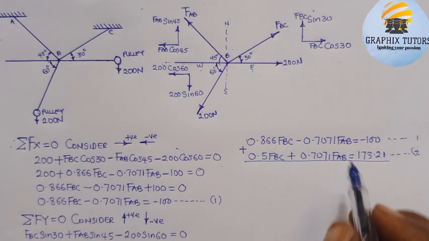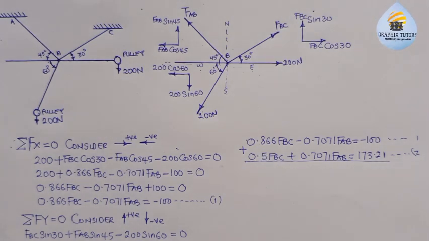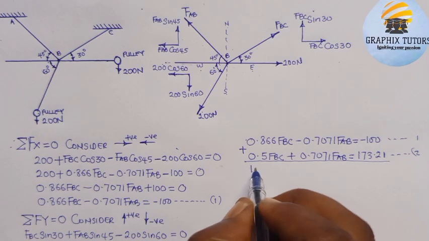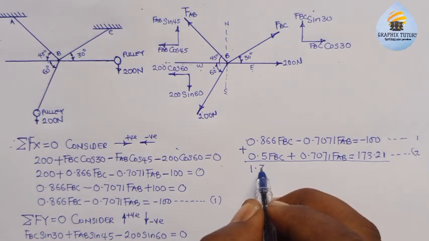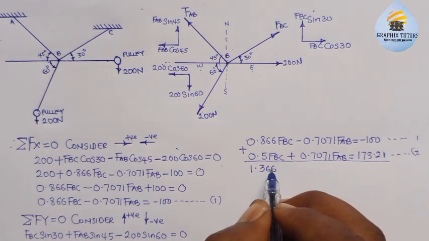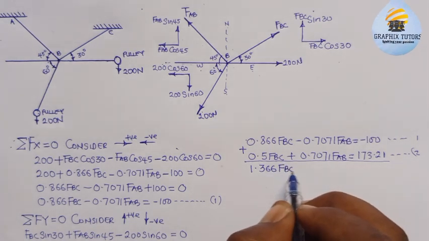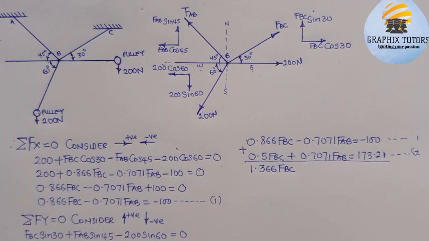In adding equation 1 and equation 2, when I have my 0.866 plus 0.5, I'm going to be having 1.366 FBC, right?